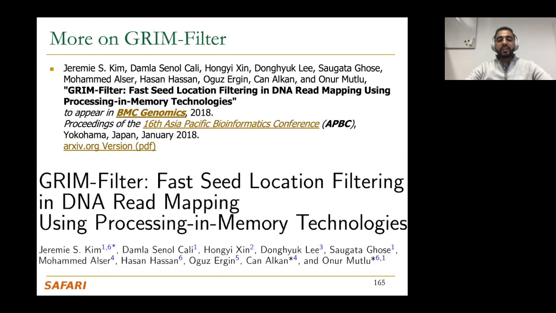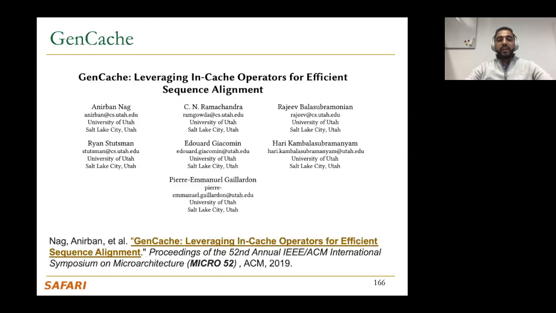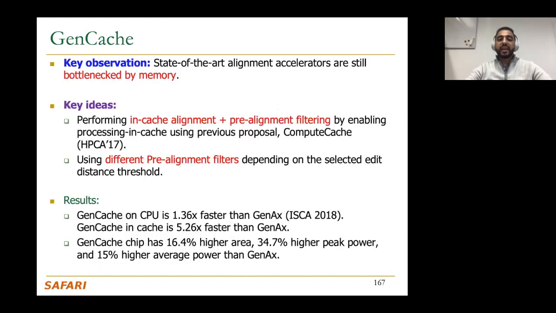So this is more details about the paper, and this is more about accelerating sequence alignment. GenCache is a work where they accelerate sequence alignment inside the cache itself. So no processing in memory or processing in CPU or specialized accelerators. This is inside the cache, and they provide great benefits.